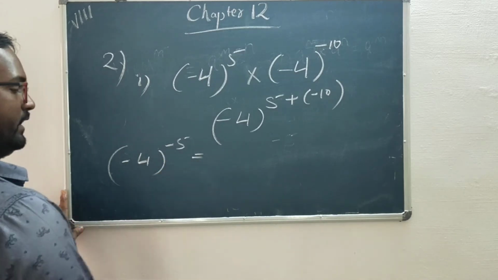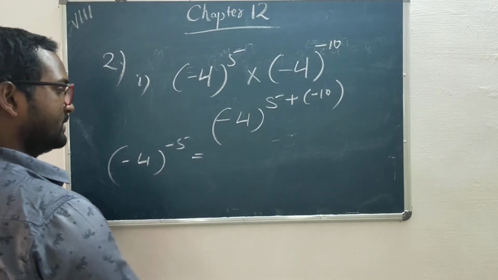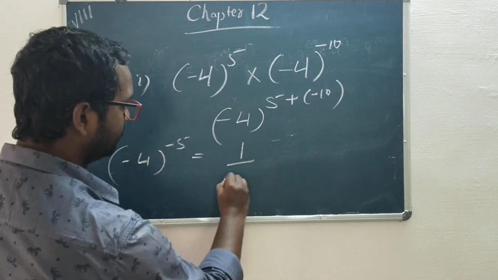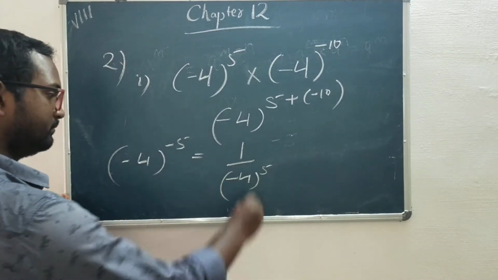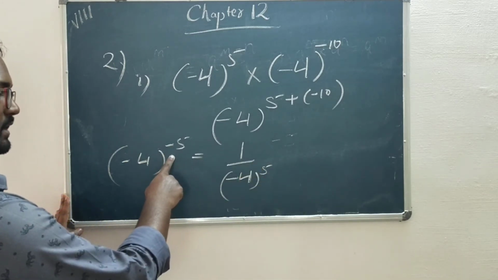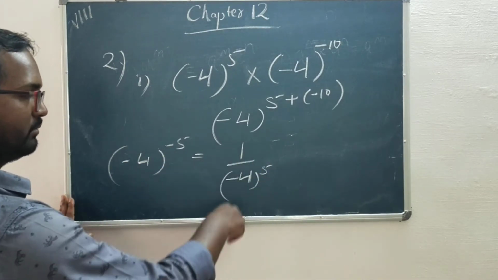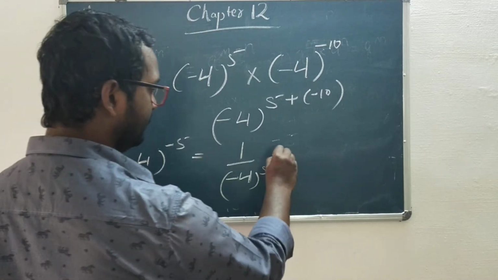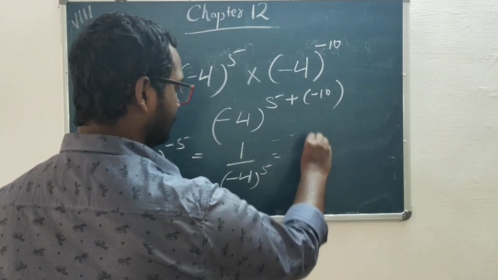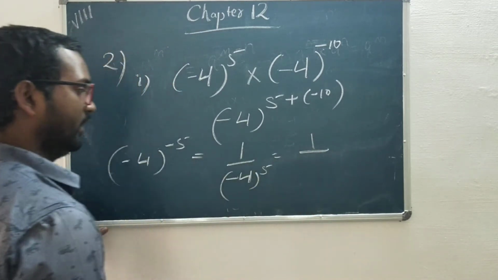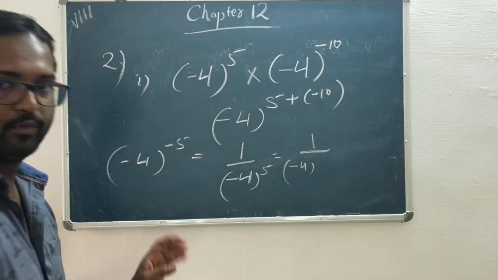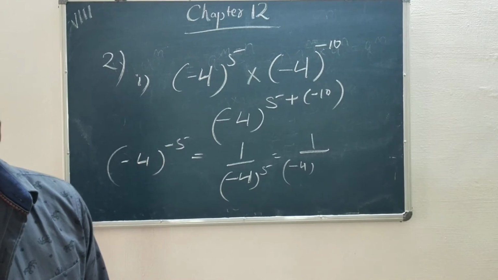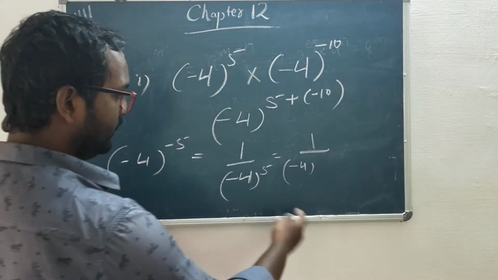Now this can be written in reciprocal form. Because we have minus in the power, we will take reciprocal and we will get 1 divided by minus 4 to the power 5, which is equal to 1 divided by minus 4 into minus 4 into minus 4 into minus 4 into minus 4.